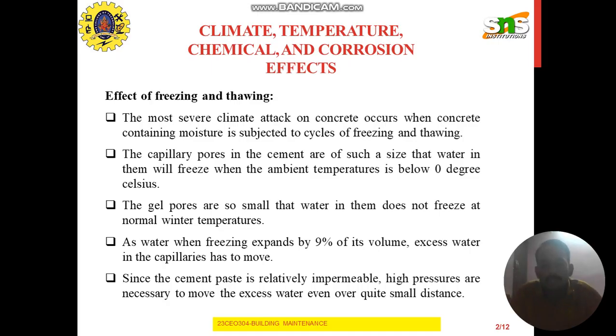So in this case, it is very difficult for the cement paste to remove the excessive water present inside the concrete. So this results in the formation of cracks in concrete, which is due to the freezing effect.